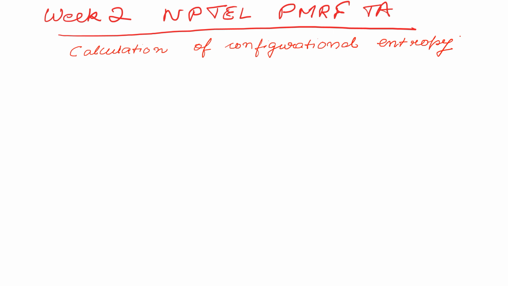We have seen that when you take a two-component system containing A and B, and you mix the two elements of pure A and pure B, in the initial state the entropy is 0 because we have not mixed it yet.